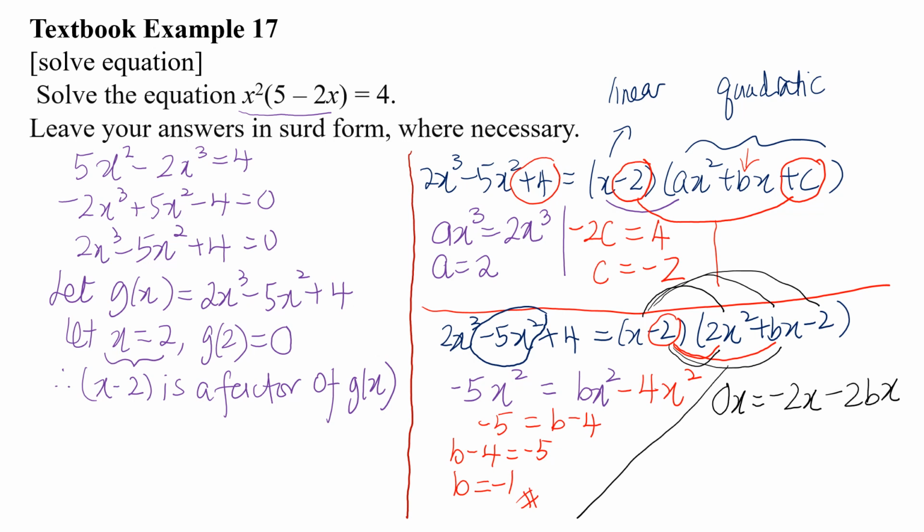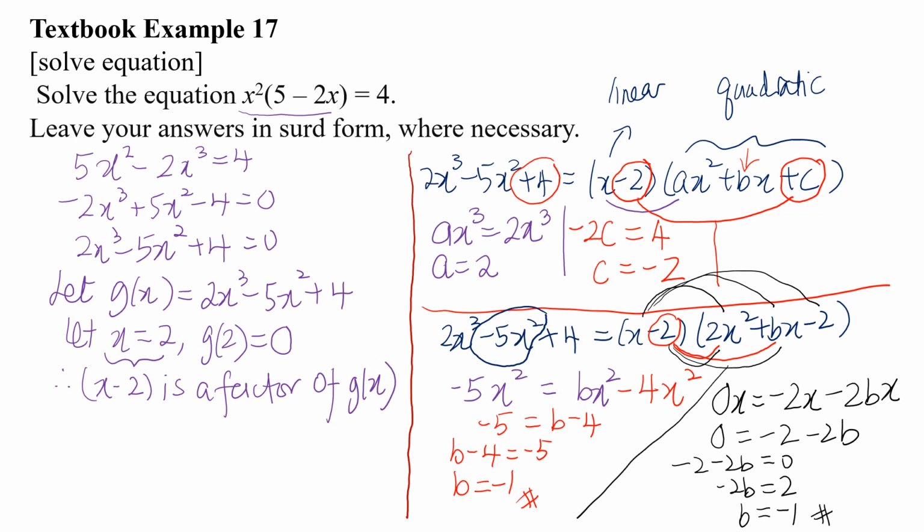So I divide by x on both sides, and 0 equals -2 minus 2b. -2 minus 2b equals 0, -2b equals 2, and b equals -1. Can you see? You get the same answer. So to find the unknown b, you just need to choose whether you want to compare the x squared term or the x term.